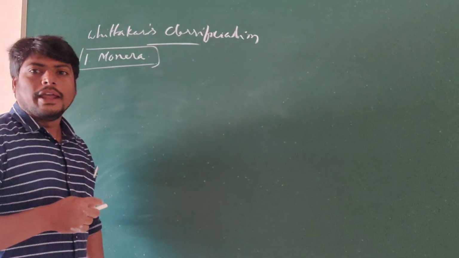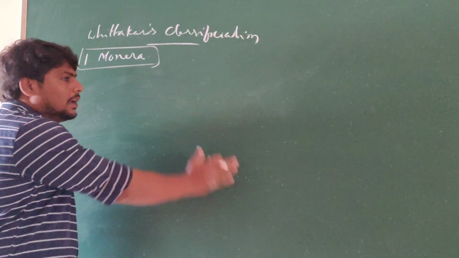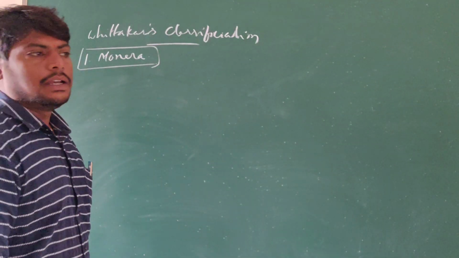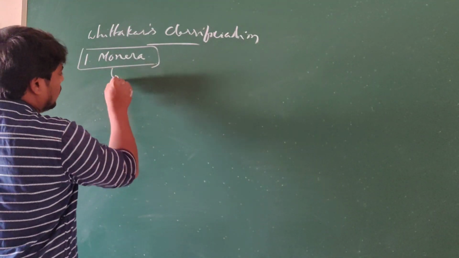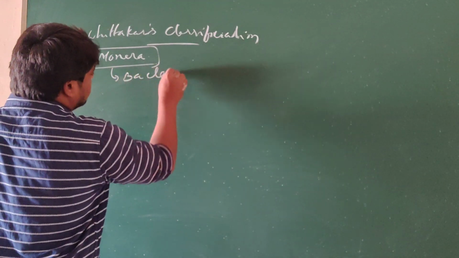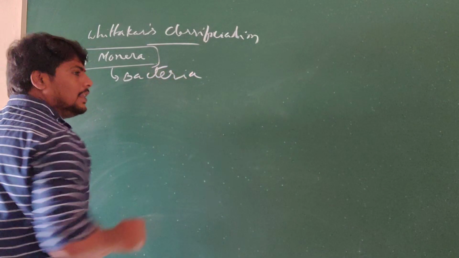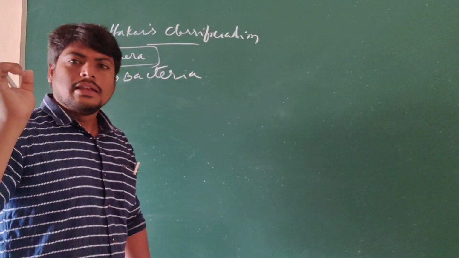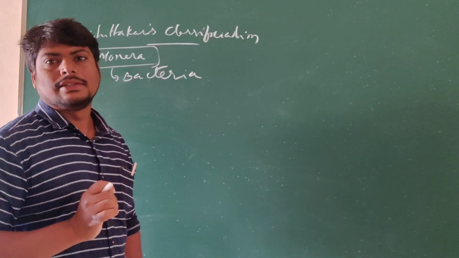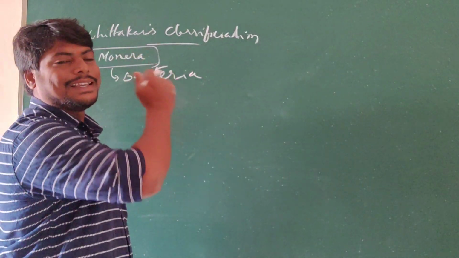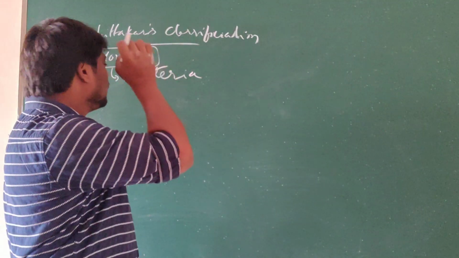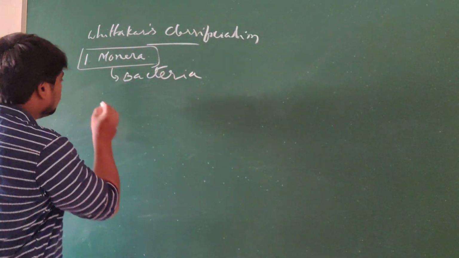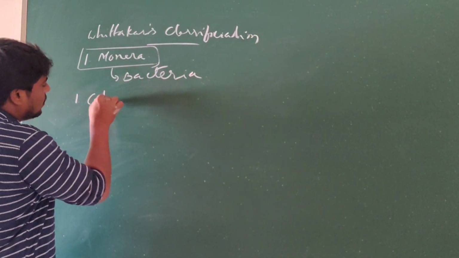Under Monera, this group of taxon is made for the bacteria. As we know, these are single-celled organisms. Now we would like to discuss the characteristic features of the bacteria found under Monera. First, the type of cell.